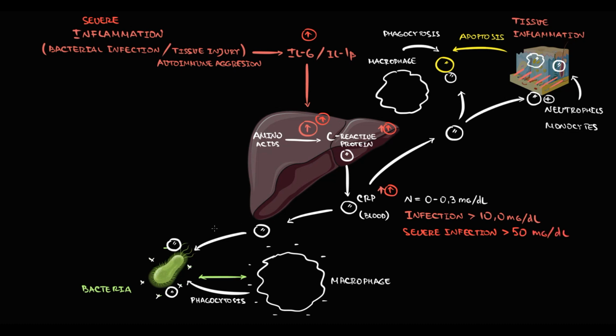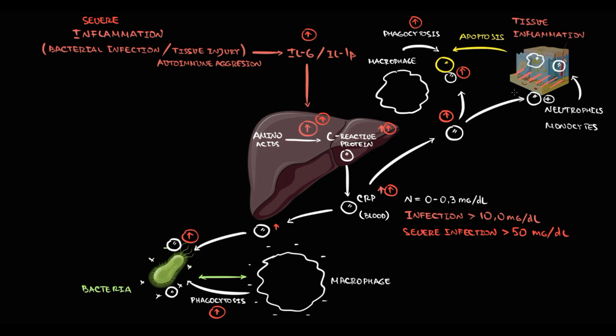With increase in C-reactive protein, the opsonization of the bacteria increases. As a result, phagocytosis by macrophages becomes even more effective. And also, with increase in C-reactive protein, opsonization of apoptotic debris increases, so it helps macrophages to clear the mass after tissue inflammation.